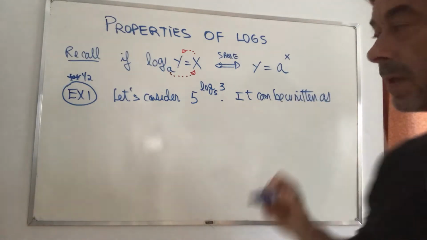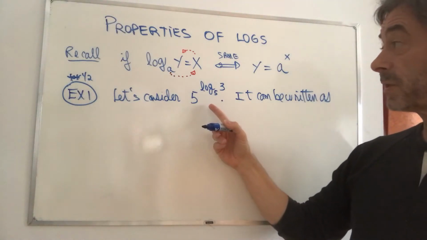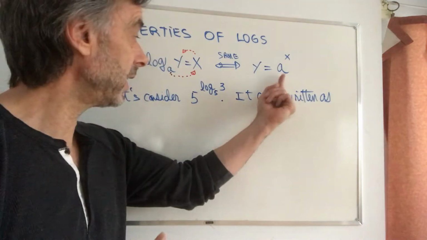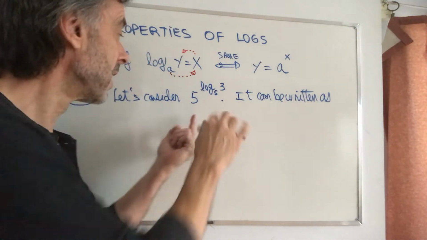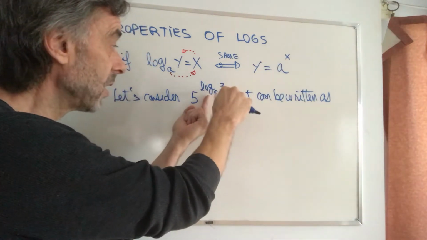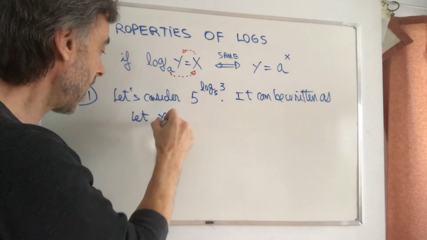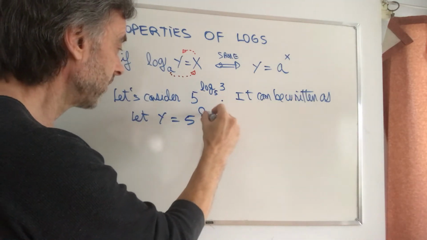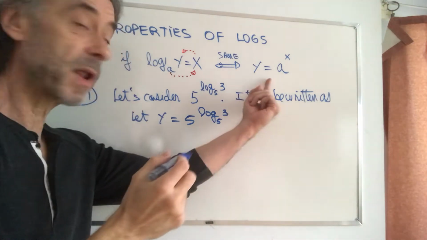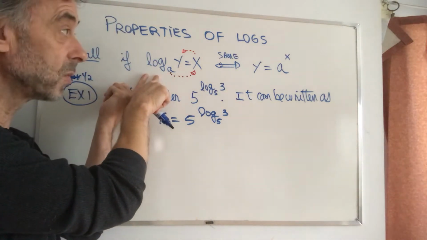Now, what I have here is something similar to this guy here, a to the x, right? Consider a as the 5 and consider x as the log of 3 base 5. So let y equal 5 to the log of 3 base 5. Let us turn that into a log.